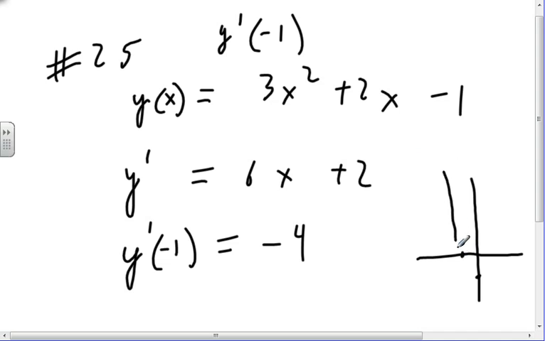So it's probably something that looks like that. And when I'm at minus 1, the slope right there is minus 4. Now, this can't go any more negative than that, can it? X is minus a half. I don't know. I'd have to put it in my graphing calculator to find out.